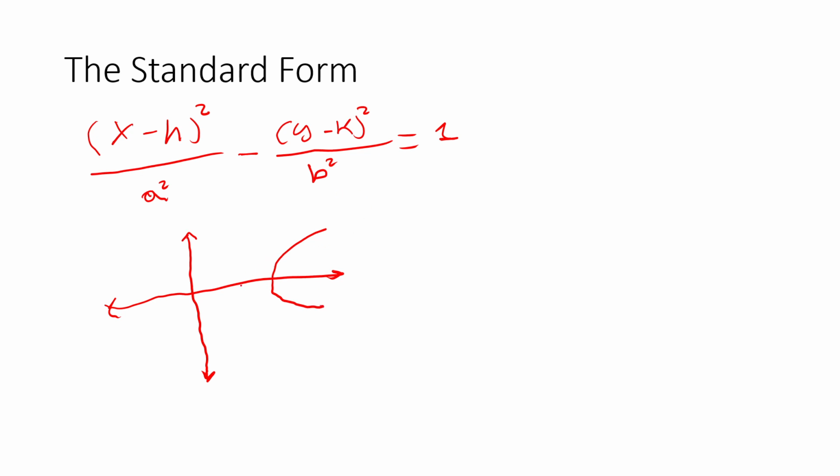Now, assuming the center is here, we should have an equal distance from this vertex to this vertex. So let's say this is the center, h and k, which are these points here.